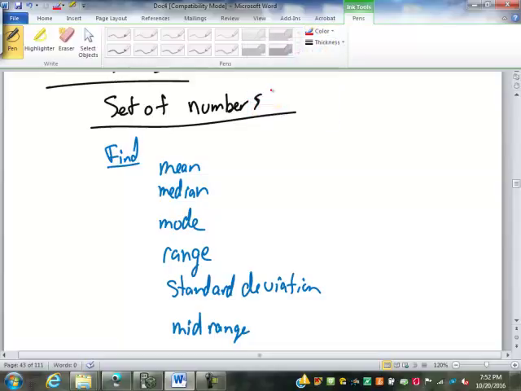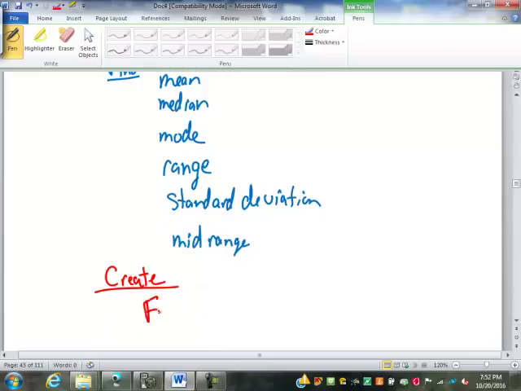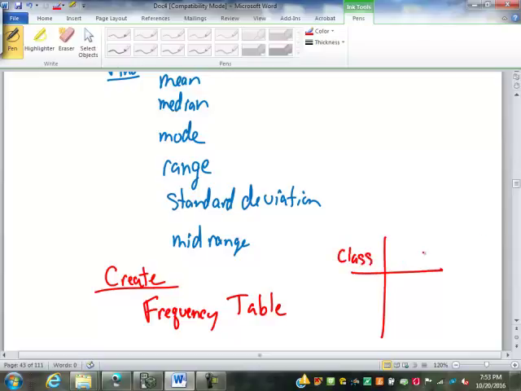Also, from that set of numbers, you need to be able to create a frequency table. What I would do is on the frequency table, I will give you the first class. Like I might tell you that this first class is 21 to 25.